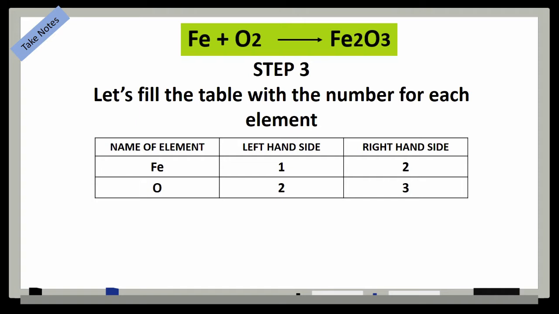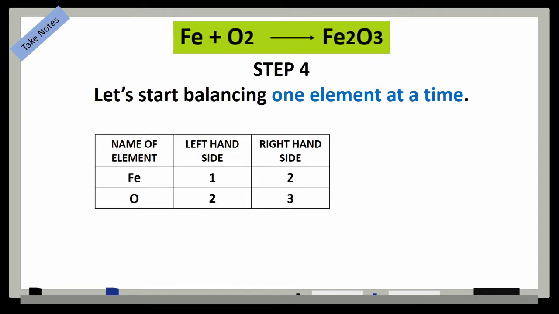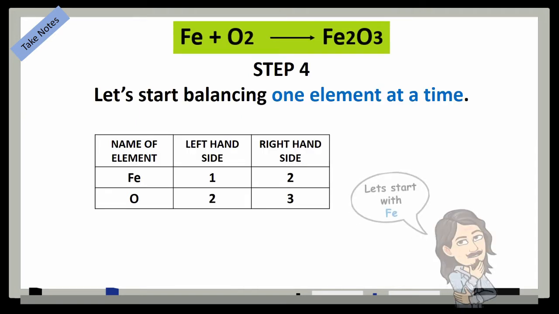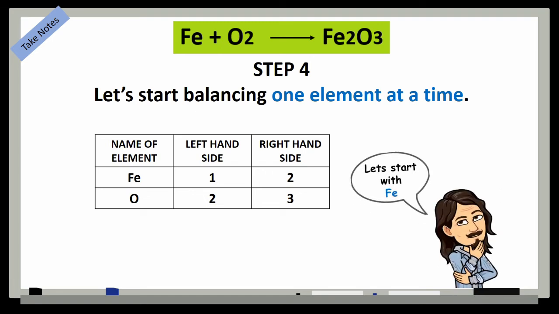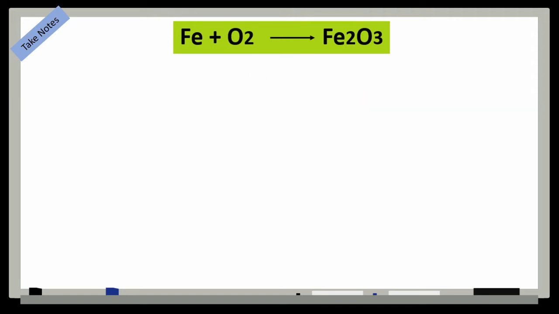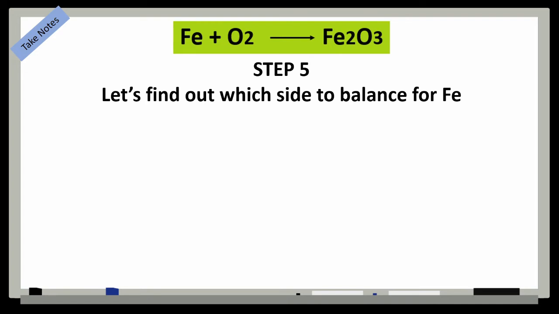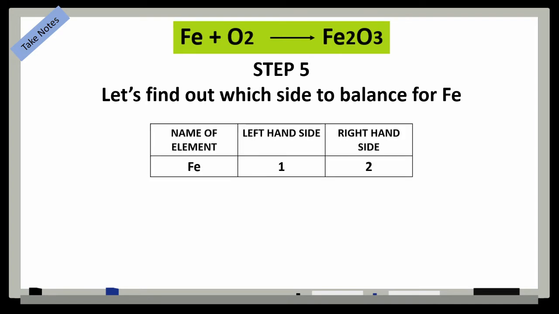For the next step, I'll start balancing one element at a time. I will start with the first element on our list, that is iron. To balance iron, I'll take a look at the table to see which side I need to balance. It's quite clear that only one side is lesser, that is the left hand side.